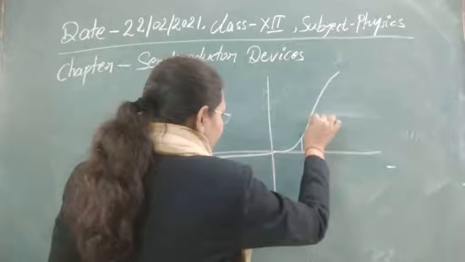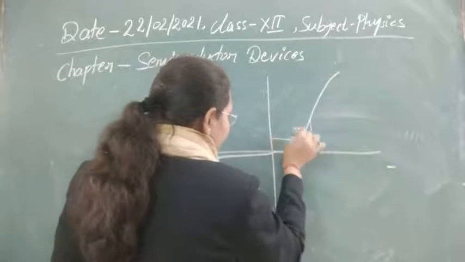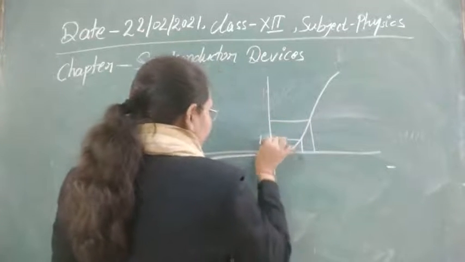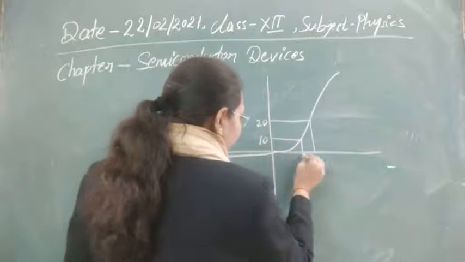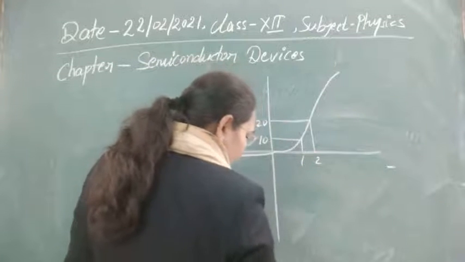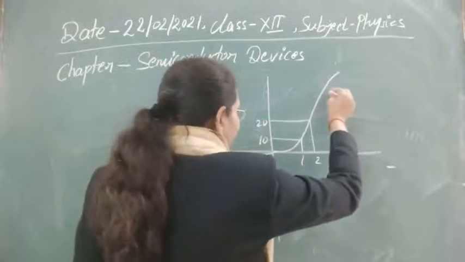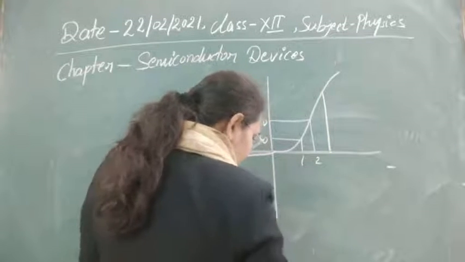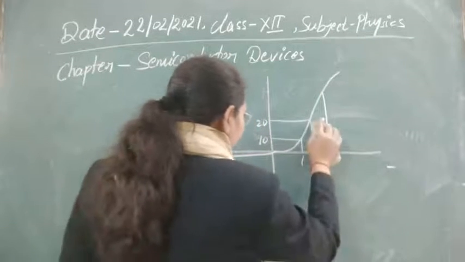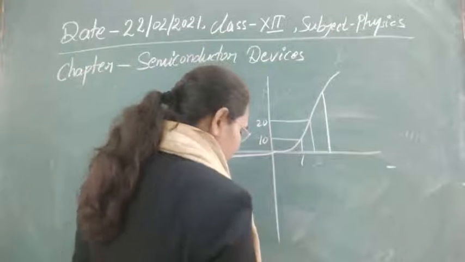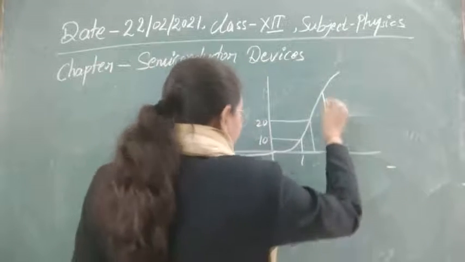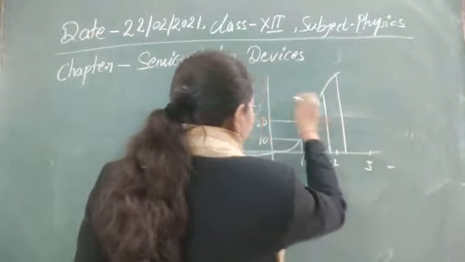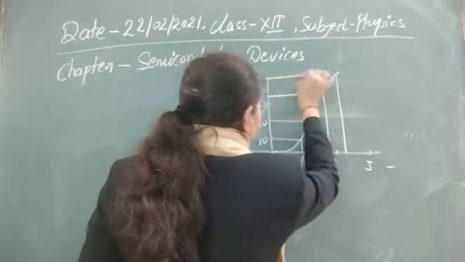Here 1, here 2, this is given, and for 1 and 2 the values are 20, 10 and 20. Sorry, it is not 2 here exactly, and here 2 is given, here 3 is given, here also something is given to us.